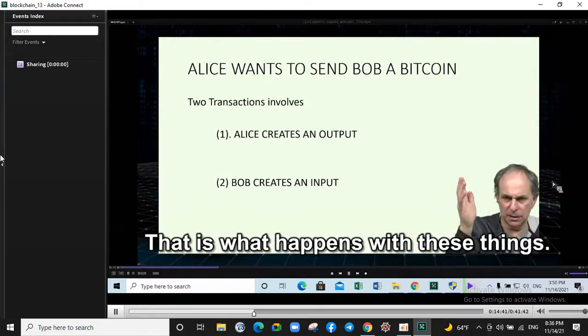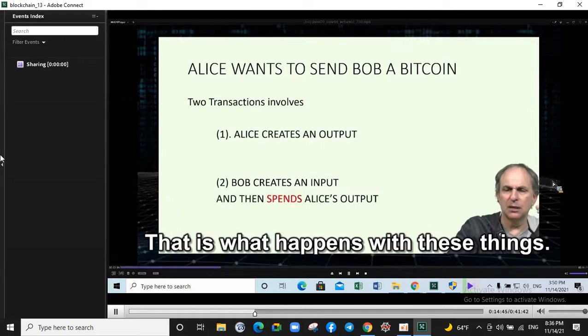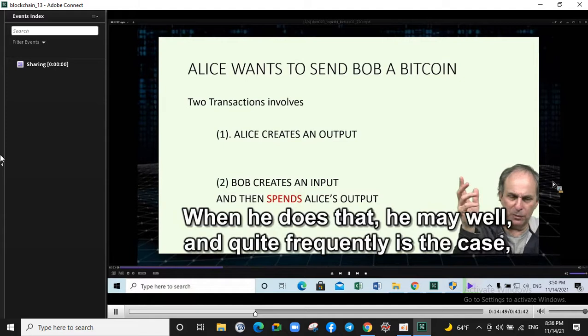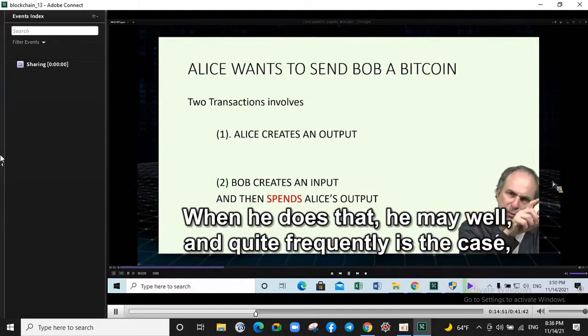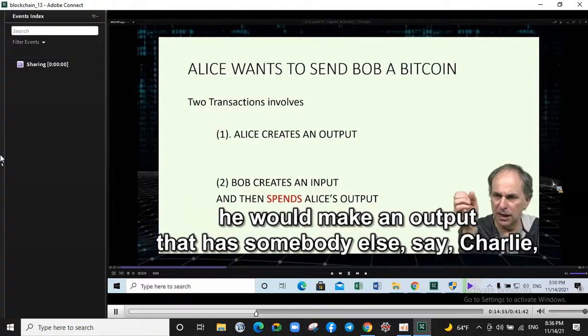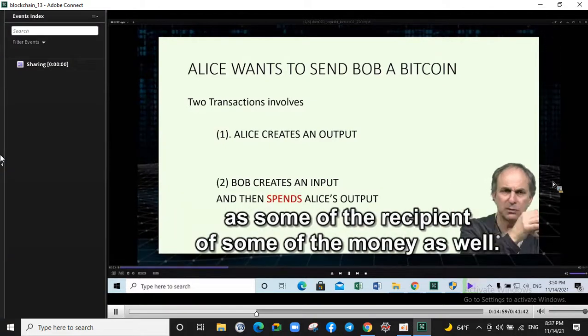When he does that, quite frequently he would make an output that has somebody else, say Charlie, as the recipient of some of the money, and himself as the recipient of some of the money as well.